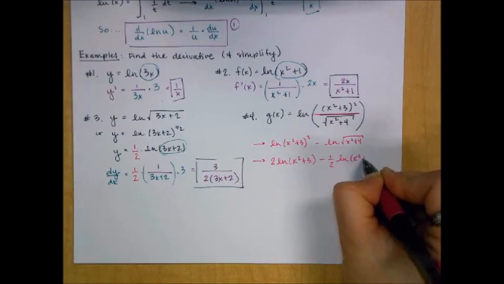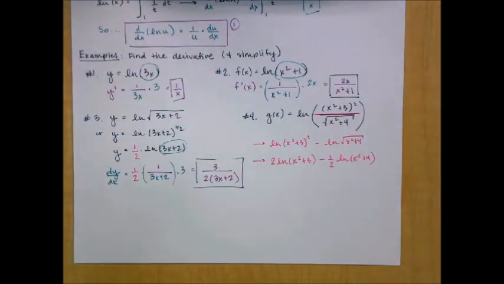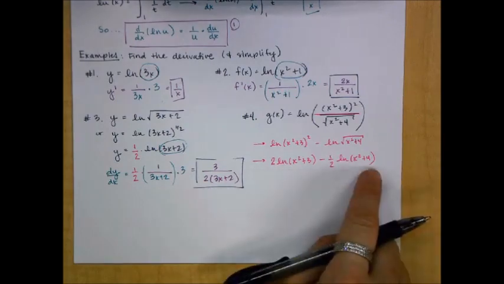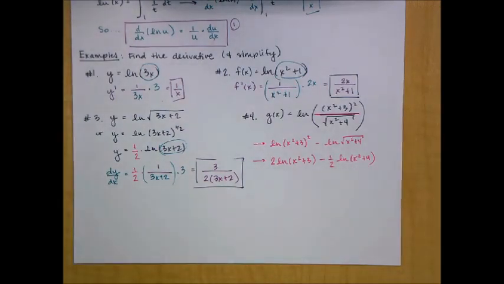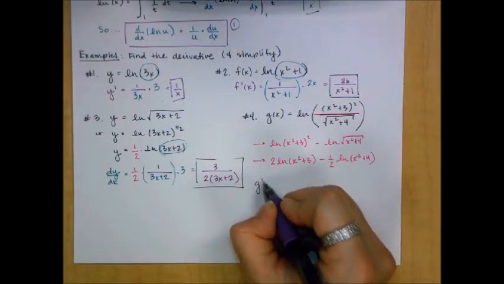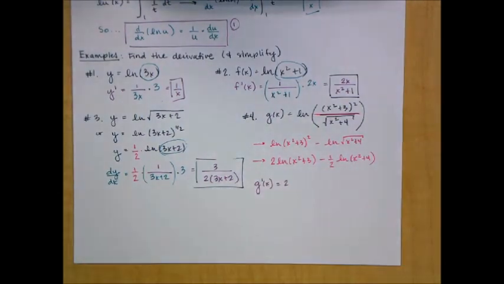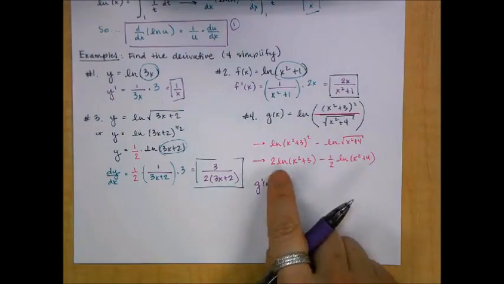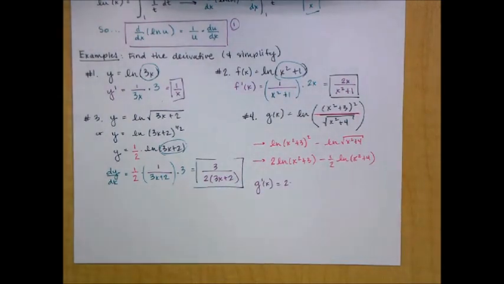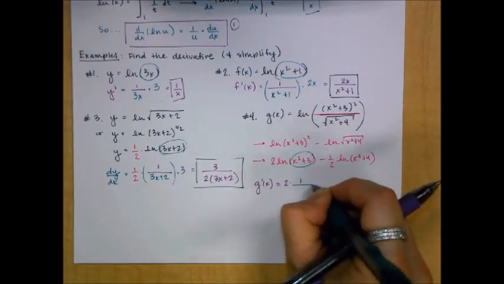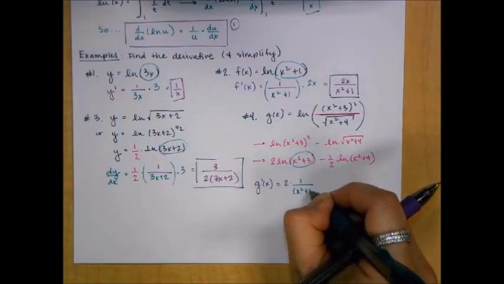All right, so I've rewritten g of x finally to here. So now I'm ready to start my derivative. So I keep that coefficient 2. We multiply it with the derivative of our natural log, which is 1 over everything inside. So 1 over x squared plus 3, chain rule, times the derivative of what we just wrote here.